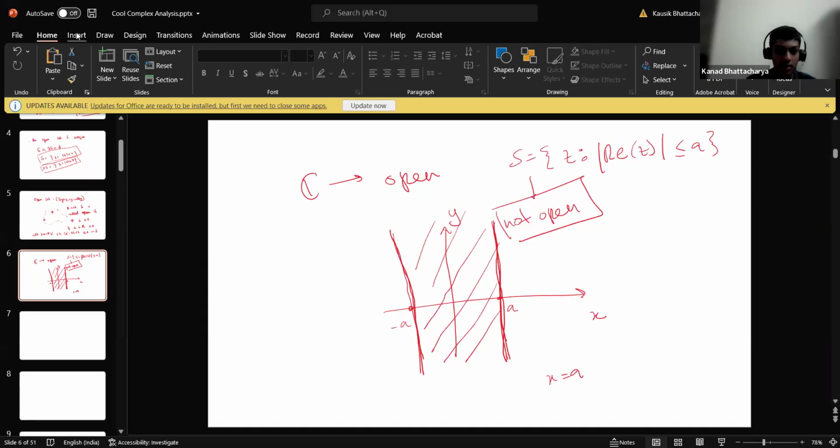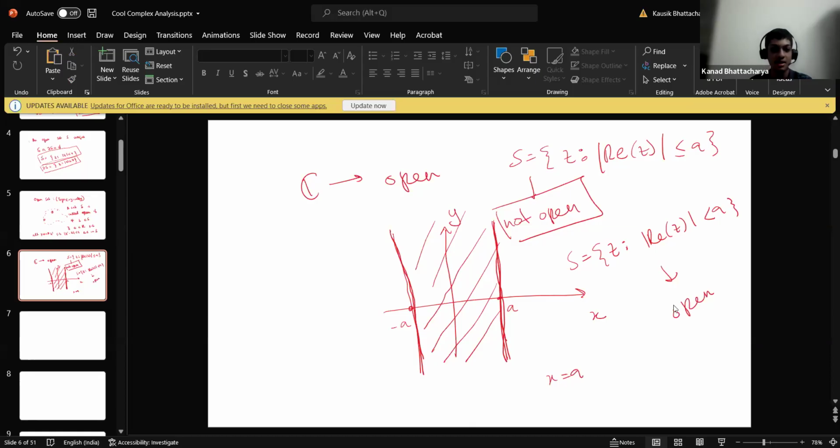Just to be clear, if I remove this, then it becomes open. To write it out, the set of z such that real part of z is less than a is an open set.